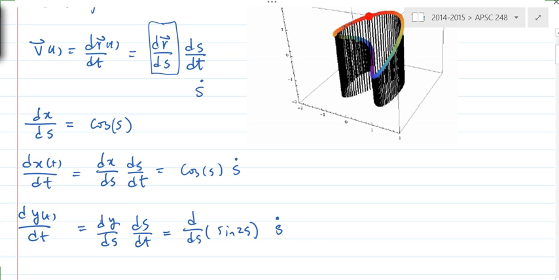If you want to introduce another chain rule here, you let u equal 2s, so d sine u over du, and then du over ds. This is basically 2 cosine 2s, and then s dot.